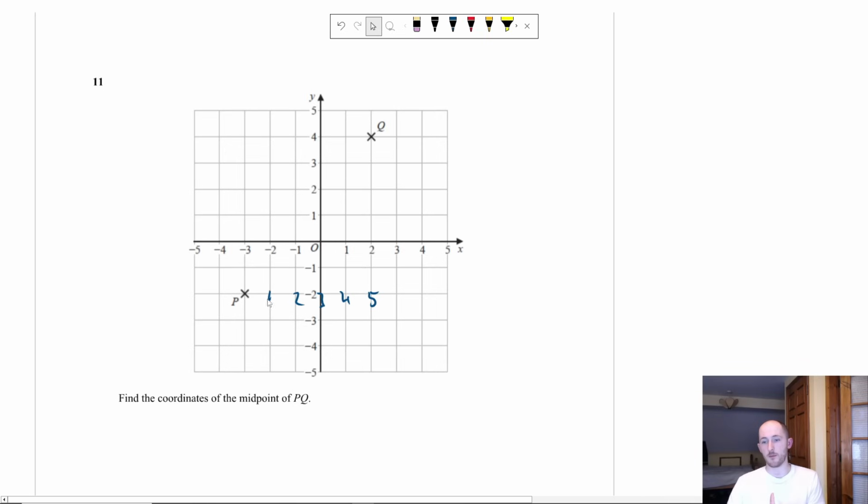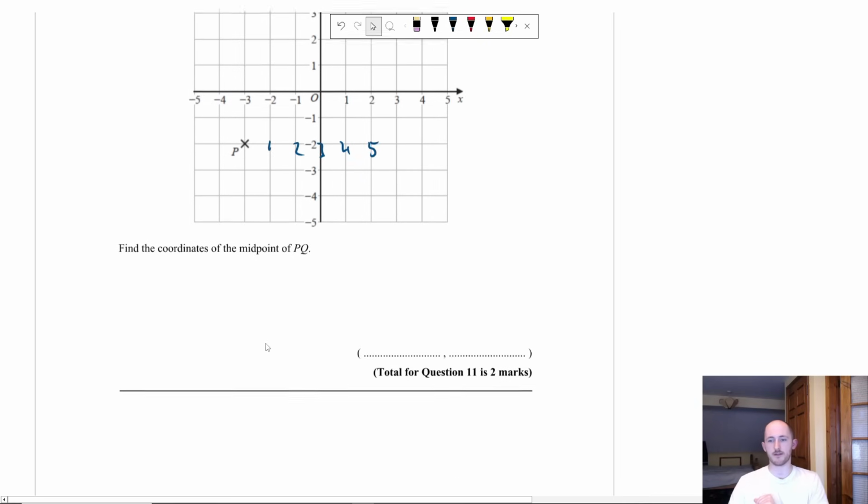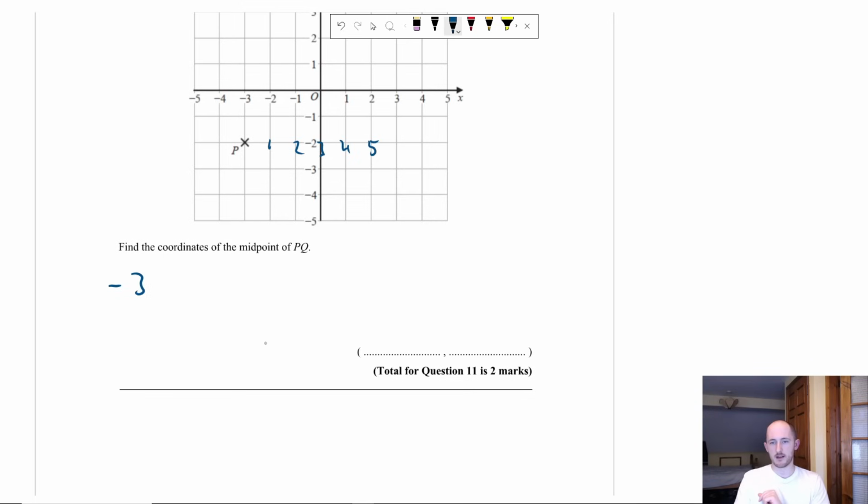So the midpoint will be half of that, halfway between them. So that's 2.5 squares. So all I'm going to do is take minus 3 and add 2.5. So minus 3 plus 2.5 would give me minus 0.5. Which is right here. That's 1 mark done.